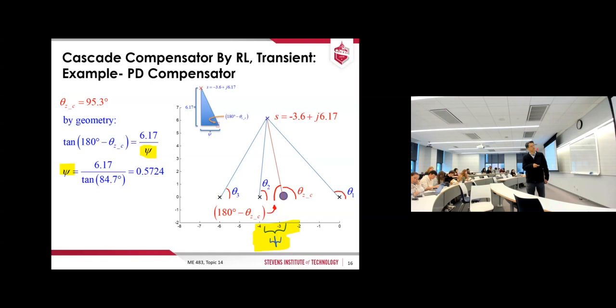Where does that cross this axis? With negative 6.17, right? So this point here should be negative 6.17 in this graph. Is that right, or is it not right? Do we need more time to think?